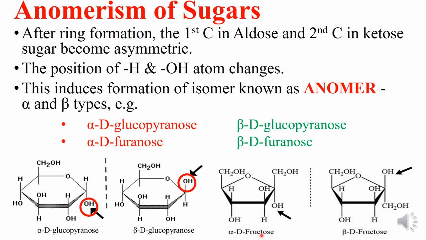Similarly, in fructose also, in alpha D fructose the hydroxy group is below the plane and in beta D fructose it is above the plane. So when the hydroxy group is above the plane, it is the beta form of anomer, and when it is below the plane, it is the alpha form of anomer.